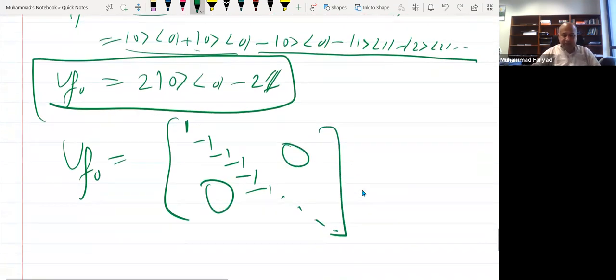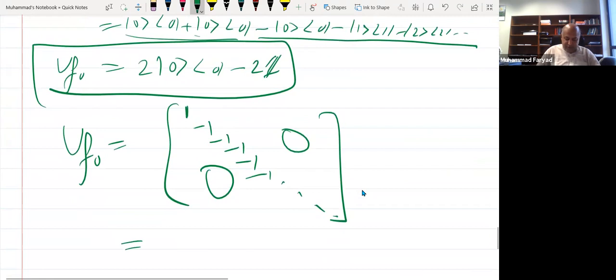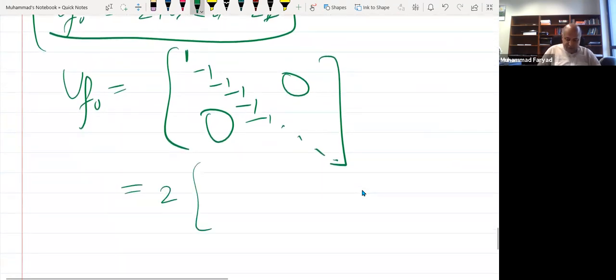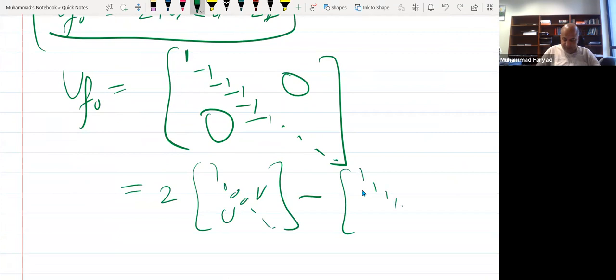And since I can write it like this, that this is 2 times 1, 0, 0, 0, 0 minus this identity, because 2 into 1 minus 1 is plus 1, and then this is 0 minus 1, 0 minus 1, all the way.